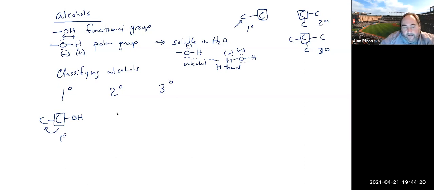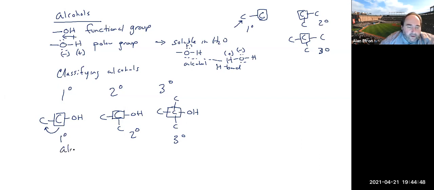If you have the carbon that has the OH group and it's attached to, as you could probably imagine, 2 other carbons, that would be what is referred to as a secondary alcohol. If you have the carbon that has the OH group attached to it and it is attached to 3 other carbons, that is what is referred to as a tertiary alcohol.